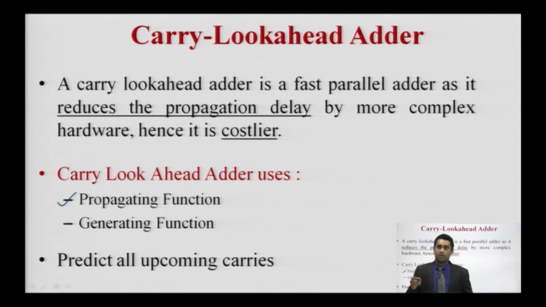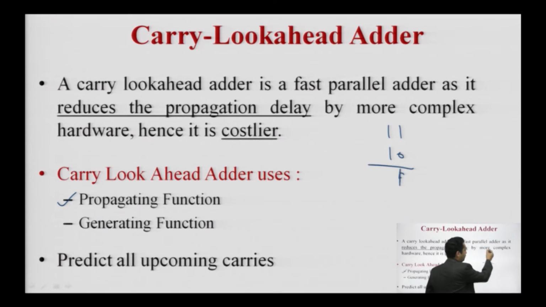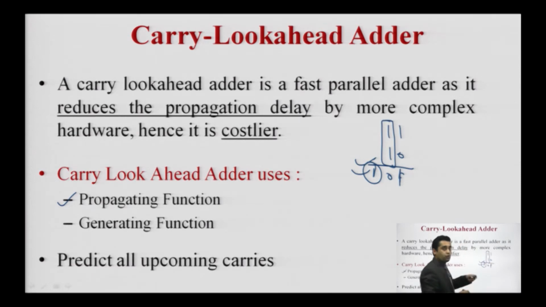If my number is 1 1 and we are going to add this number with 1 0, in this case we use 1 without carry, and here the carry is generated. So, the carry is generated at this point. The function which is used at this point is my generating function.